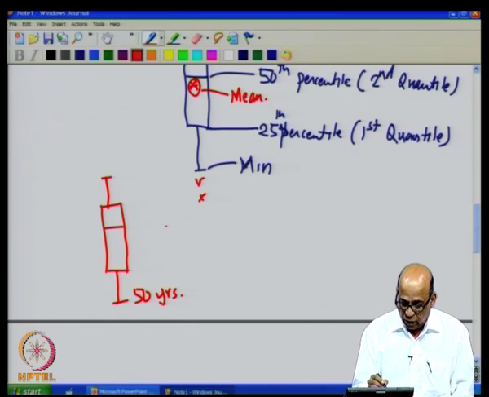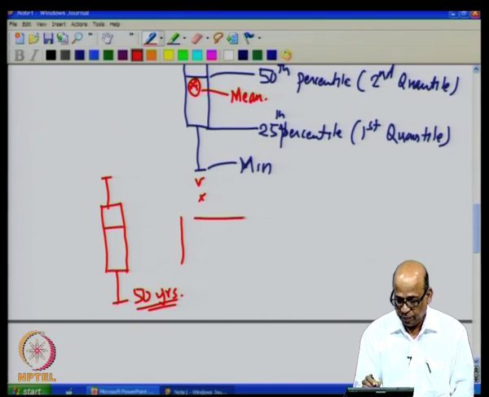So, to reflect that the sample size is different in the two series, we use the width of the box itself.